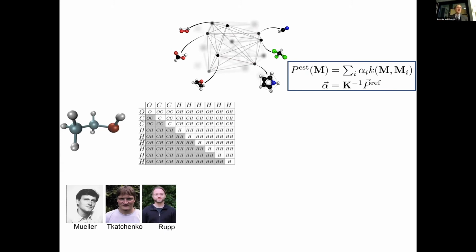This was a question we were pondering at the time, and then I suggested this atom-by-atom matrix, which is now known as the Coulomb matrix, which encodes the nuclear repulsion on the off-diagonal terms, and on the diagonal terms you have a rough estimate of the energy of the free atom.